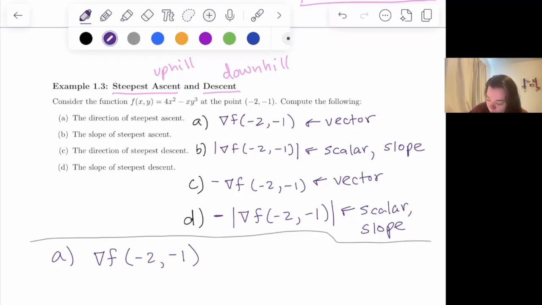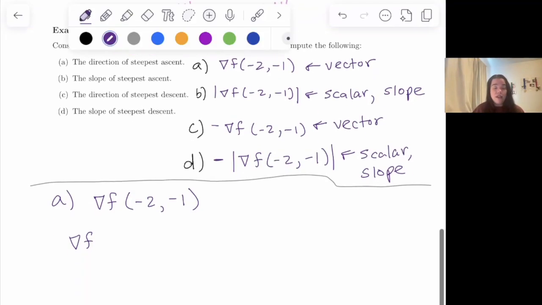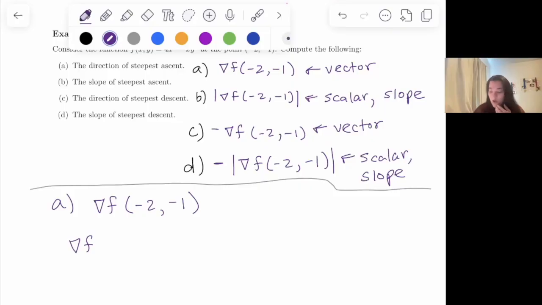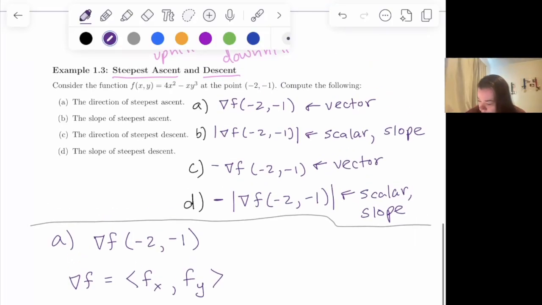So step 1 is to find the gradient vector, or if you prefer the more robust notation, you can say find the gradient vector at x,y, but that is kind of implied. Remember, to do this, we find the first partial with respect to x and the first partial with respect to y. So now we need to go on a hunt to do that. I am just off to the side over here going to make note of what my function is.